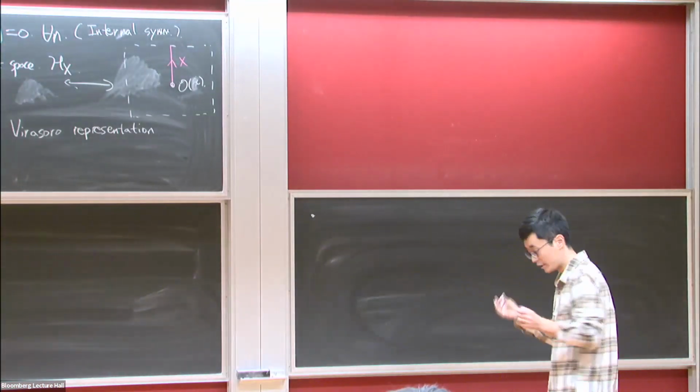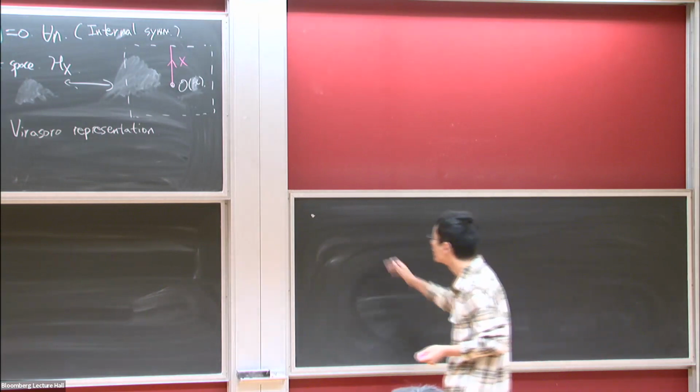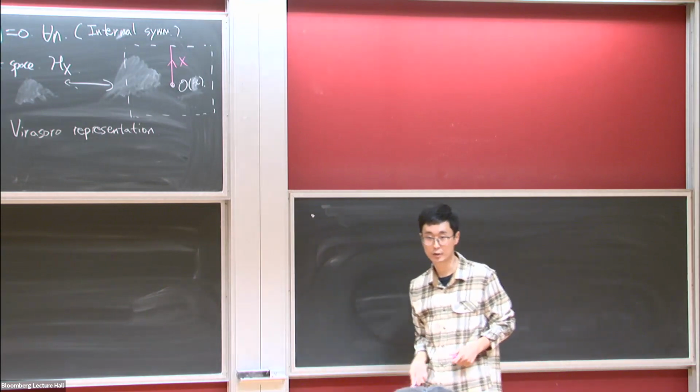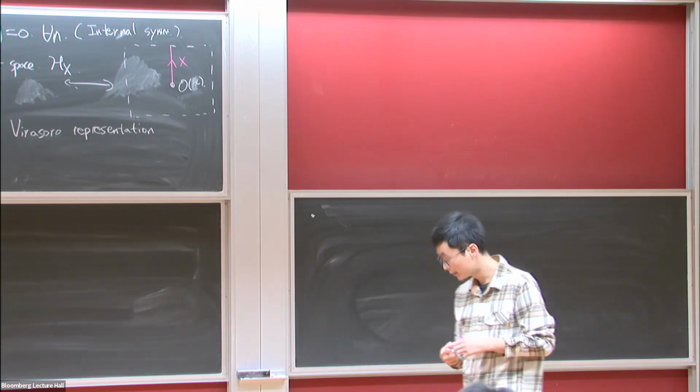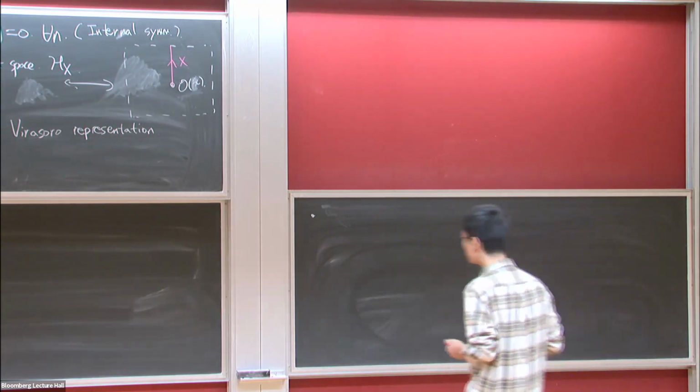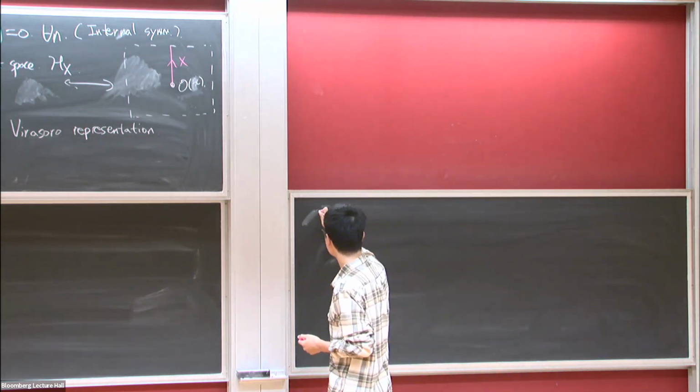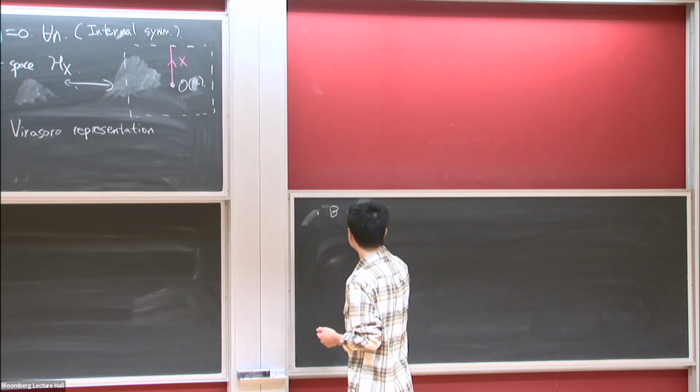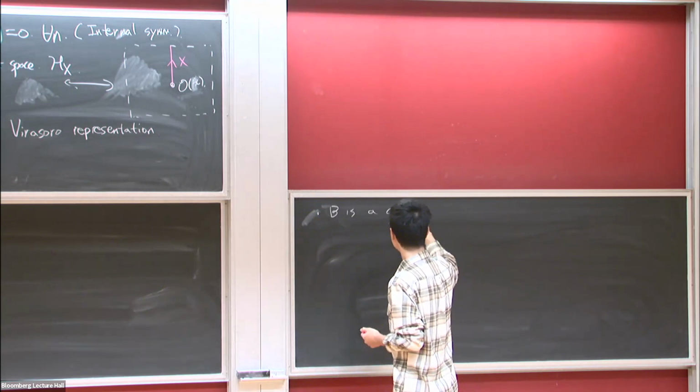I'll give, just to remind everyone, a quick review of conformal boundary conditions in 1+1 dimensional CFTs. Let's say B is a conformal boundary condition.